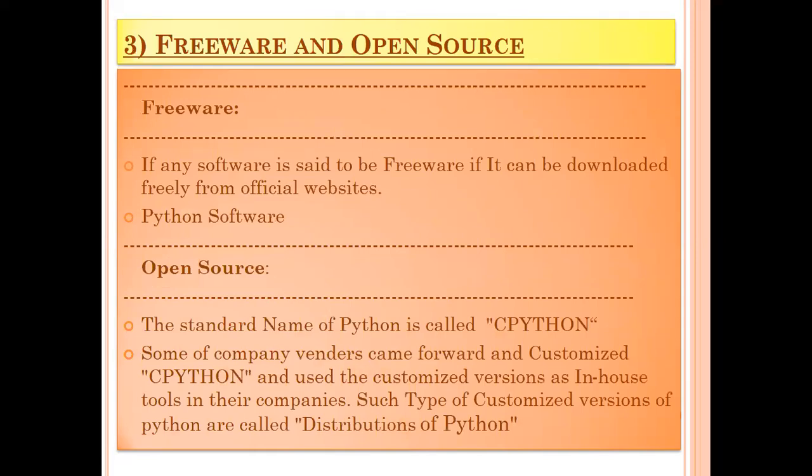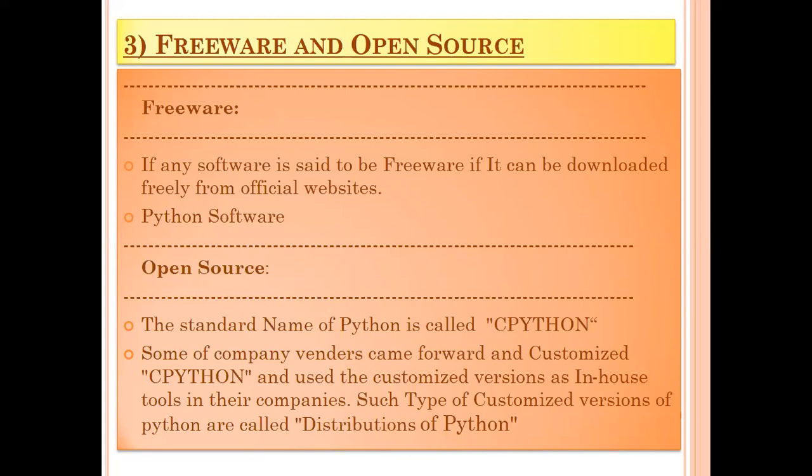Let's go ahead with the third feature, that is freeware and open source. Students, what do we understand by freeware and open source? Whatever software is said to be freeware, it means the software can be downloaded freely from its official website, as we have downloaded Python. We can download Python freely from its official website, www.python.org.